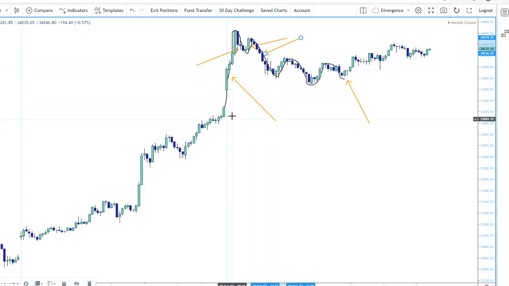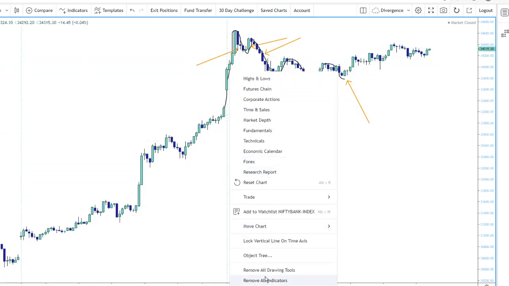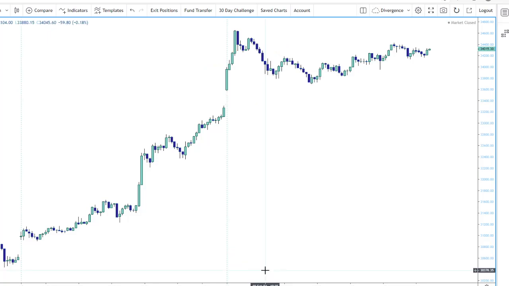I'll just clear off the drawings here. When you compare this bear leg with the previous bear leg, you can see that bears are stronger.